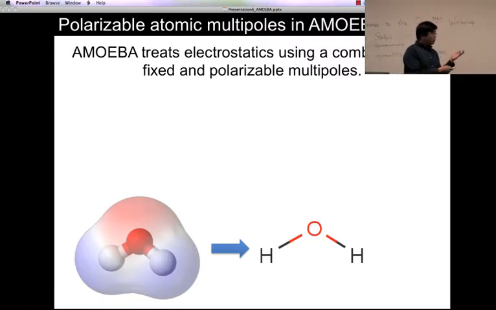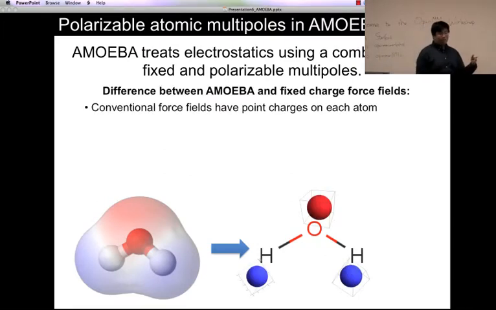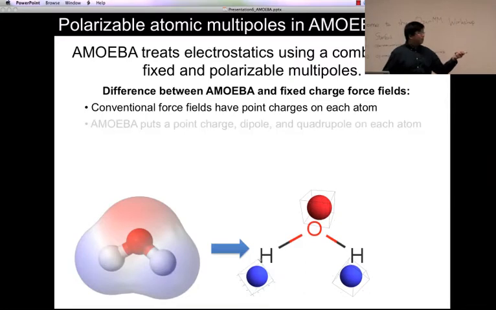And all force fields attempt to describe this charge distribution with some simplified representation. Now, a point charge force field is just going to describe this electron distribution using 3 point charges. Now, 3 point charges is obviously a very simplistic description and doesn't get certain things correctly, right? And AMOEBA is going to provide you with a somewhat more elaborate description.